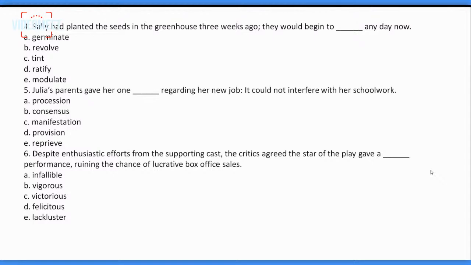kind of backup to their kid, and they also made a point that the job that she's doing is maybe good for her experience, but it could not interfere with her schoolwork, so they have given her a support system.